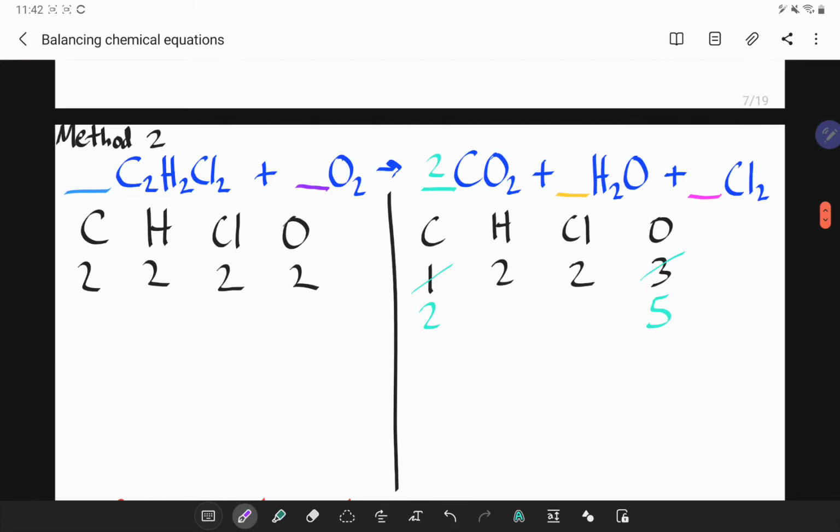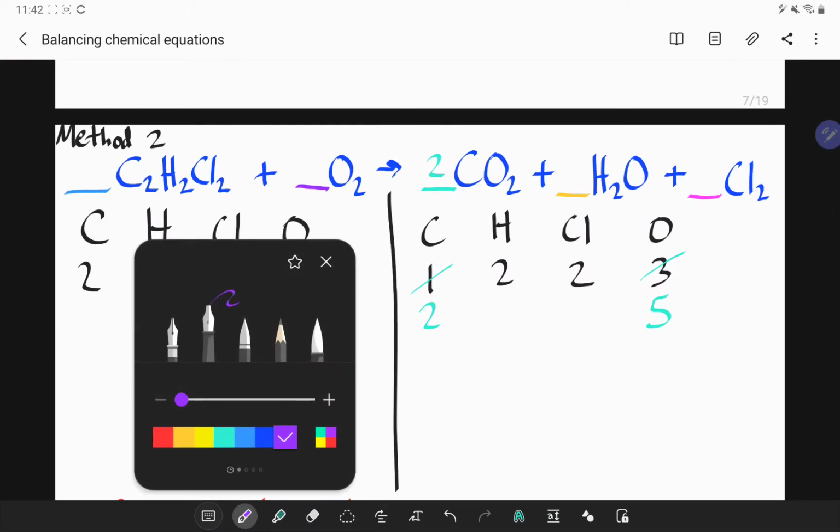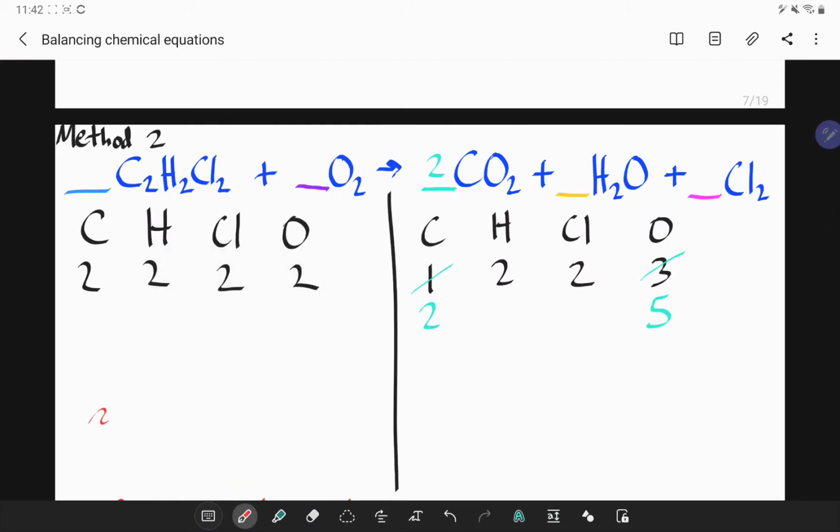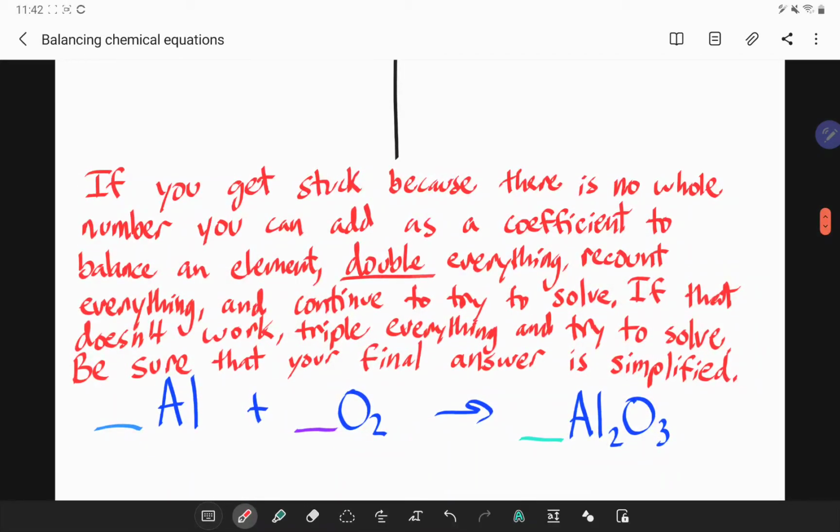All right, so let's look at this. What I want to do is I want to double everything. So I'm going to write down times 2. I'm going to double everything. So I'm going to write a 2 here, 2 here, change that to a 4, 2, 2. So double everything. Now we need to recount everything.